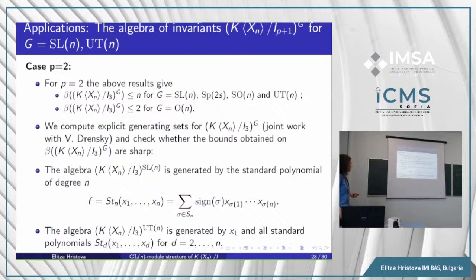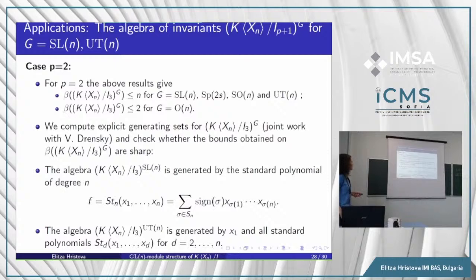If we take the algebra of UTN invariants, it has many generators: it is generated by the polynomial x1 and by all standard polynomials of degree d, where d can go up to n. So we again have a generator of degree n. In this case, again the bound is obtained.